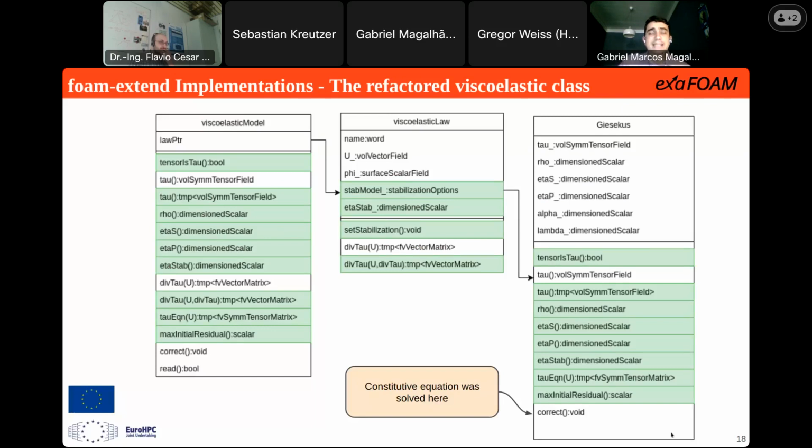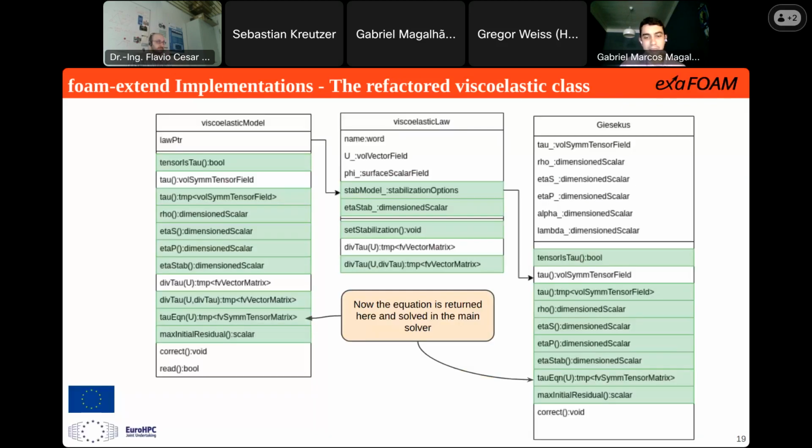The first is that in the previous version, the constitutive equation was solved inside the correct member function. And it's not good in terms of generalization. So we implemented a new member function that returns just the constitutive equation without solving it. And the solution of the equation is promoted inside the main solver.